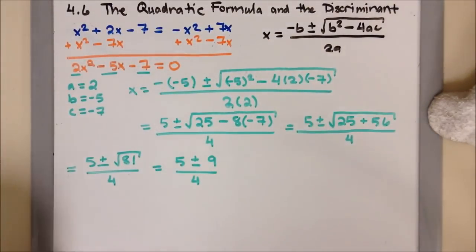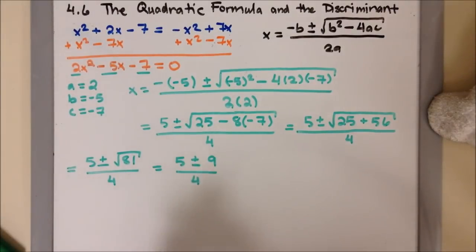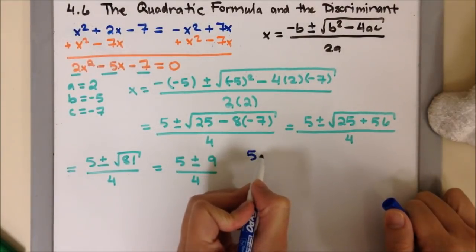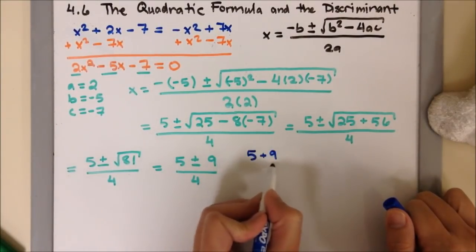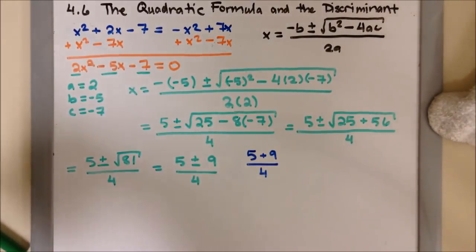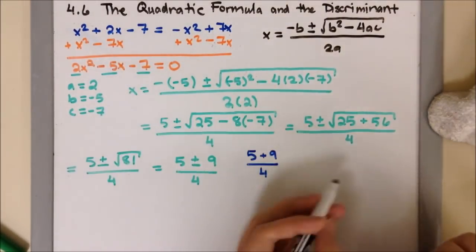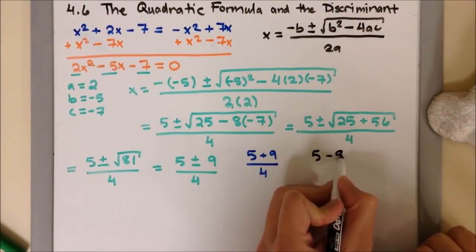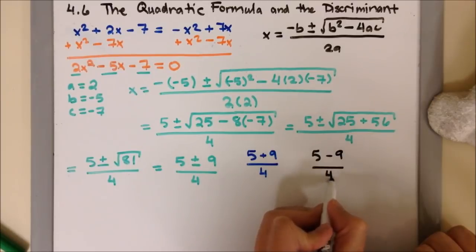Alright, now I simplify the whole thing after plugging in my ABC into the quadratic formula. The first fraction will be the plus. So 5 plus 9 over 4. The second fraction will be 5 minus 9 over 4.